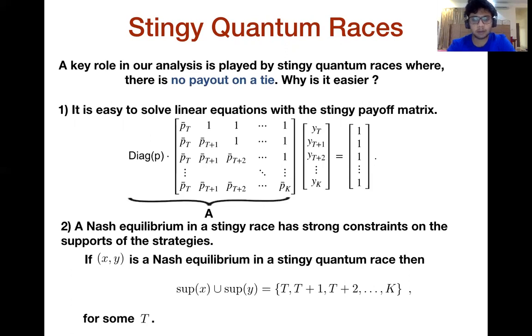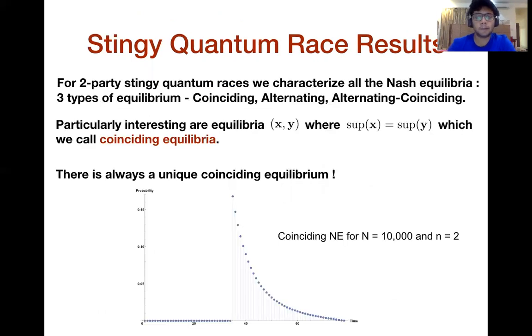Also, this game has a very nice support structure. For example, if x and y is a Nash equilibria of this game, then the support of x union support of y forms an interval which contains the last time step, which is k. So we completely characterize all the Nash equilibria for this stingy quantum race.